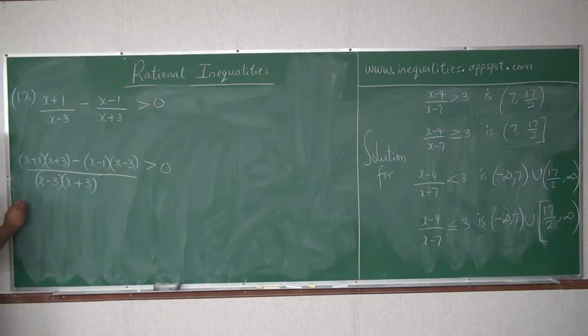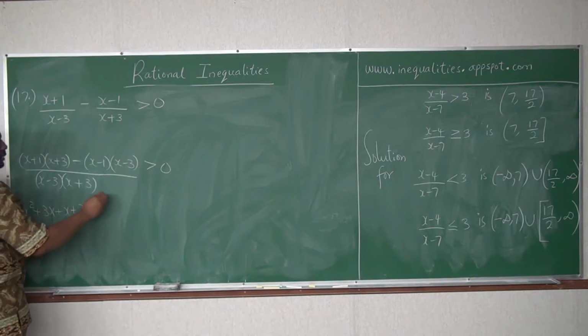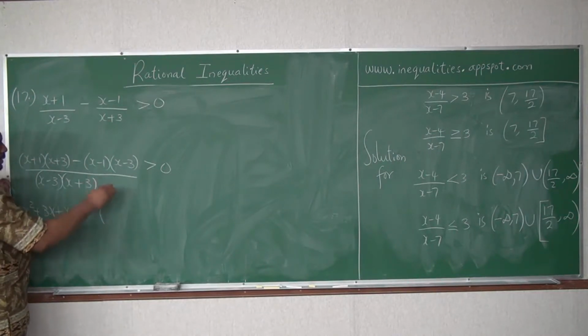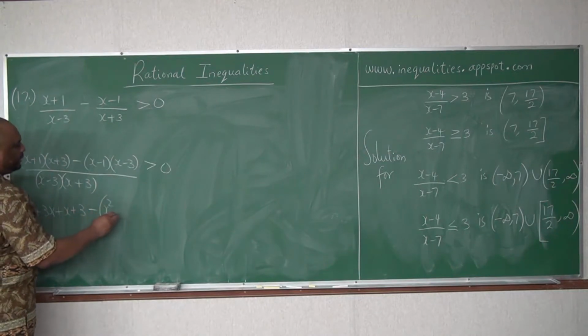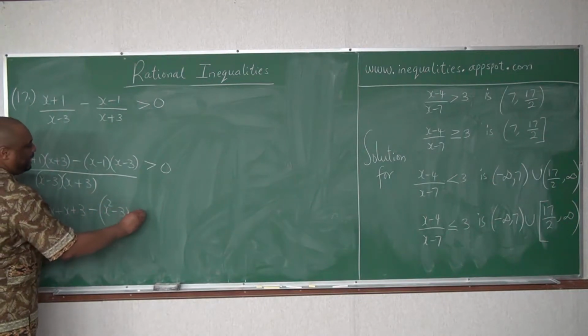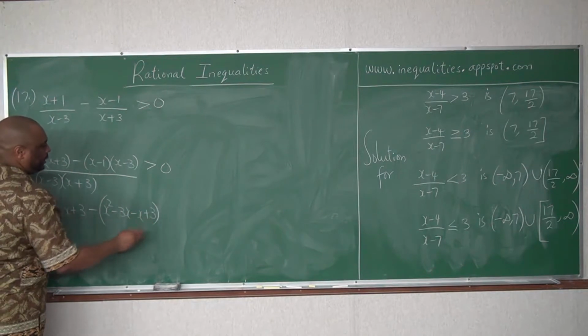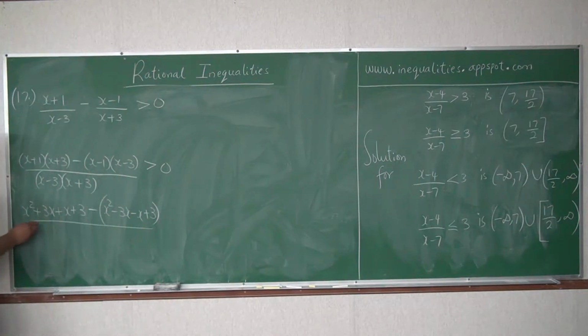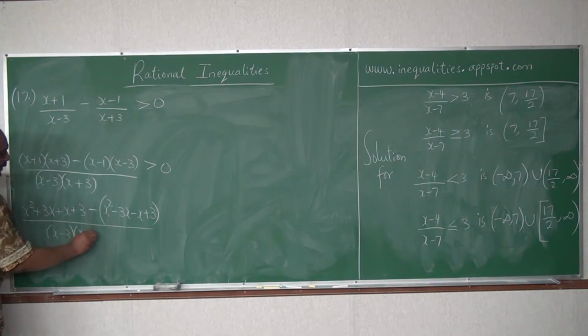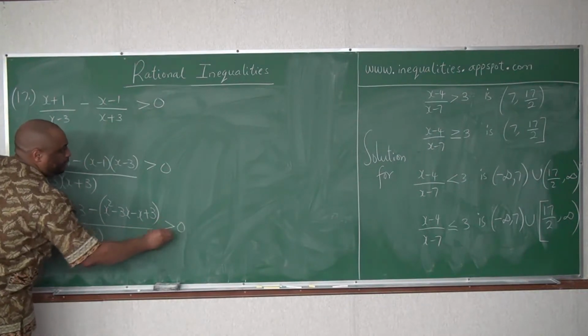So this gives us x squared plus 3x plus x plus 3, minus, let's put our parentheses here, x squared minus 3x minus x plus 3, all over x minus 3 times x plus 3, is greater than 0.